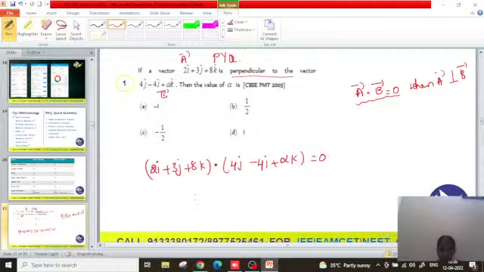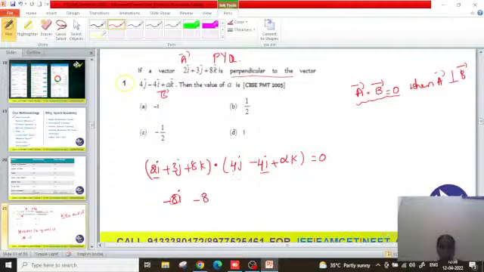So we can write it as, it is given like 4j minus 4i. So the i components can be multiplied. It is minus 8i, and i dot i will be equal to 1. So then in the dot product we get minus 8.